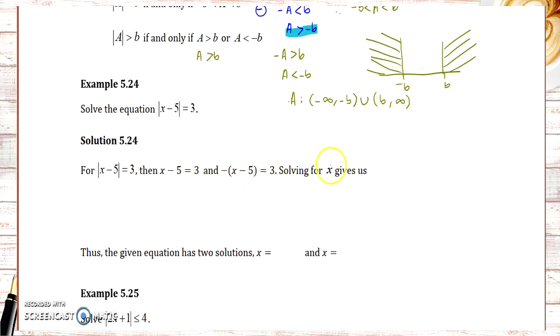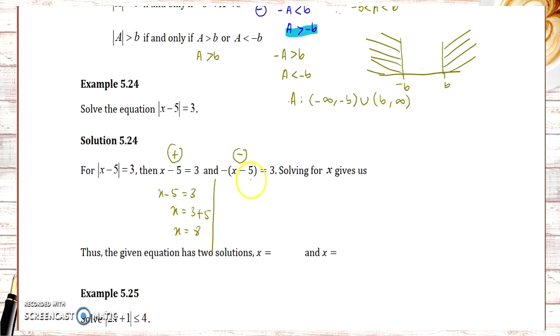Solving for x, for the positive, we get x minus 5 equals 3, x equals 3 plus 5, x equals 8.